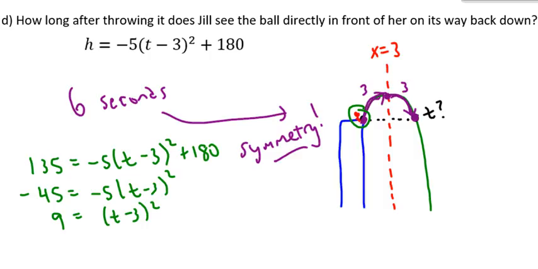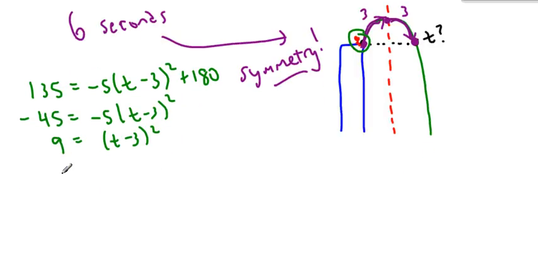Take the square root of both sides. So the square root of 9 is 3, or negative 3. And when I take the square root of this side, it just loses the squared, so I don't need the bracket anymore. So if I add 3 here, I get 6. And if I add 3 here, I get 0.